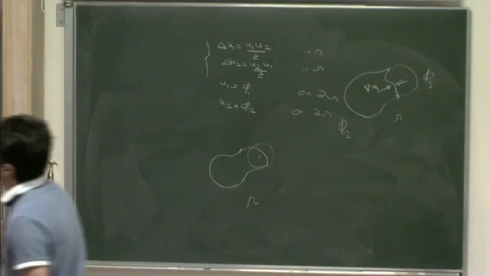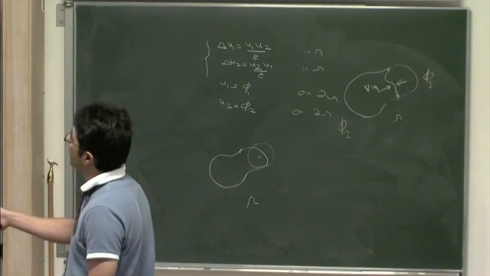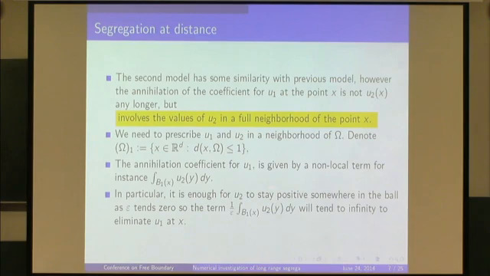So for example, the annihilation coefficient for u1 is given by this non-local term, the integration of u2 over B1, or, if you want the system to be in variational form, we put u squared, or we let it be the supremum of u2 on the ball B1(x).